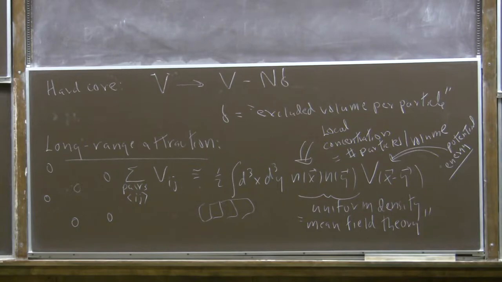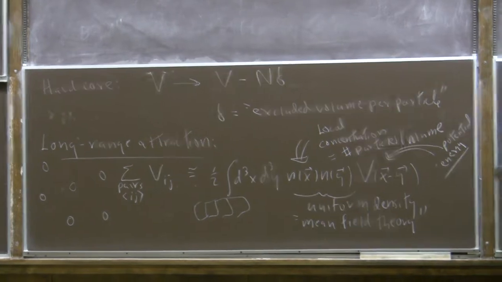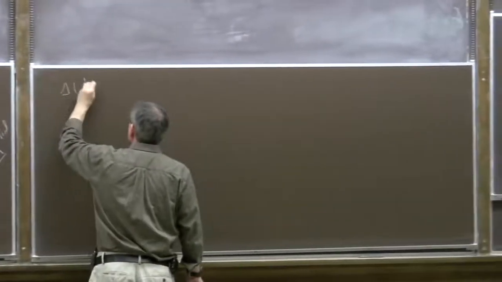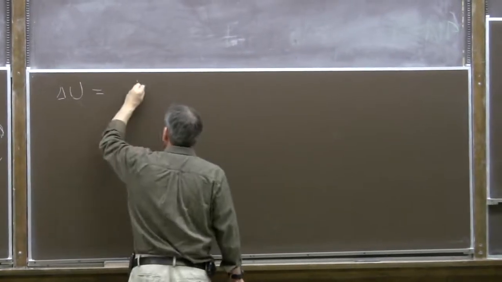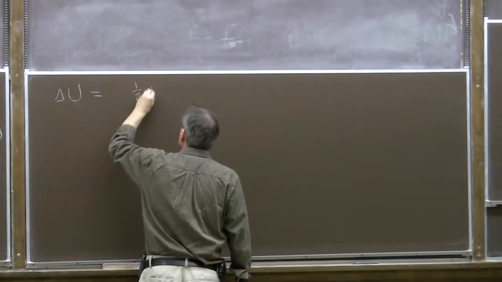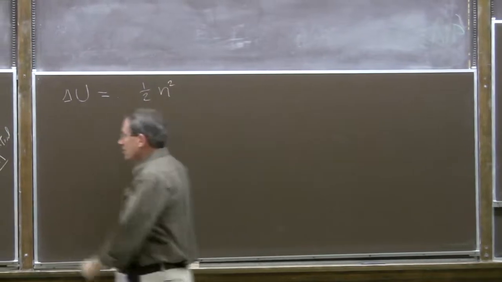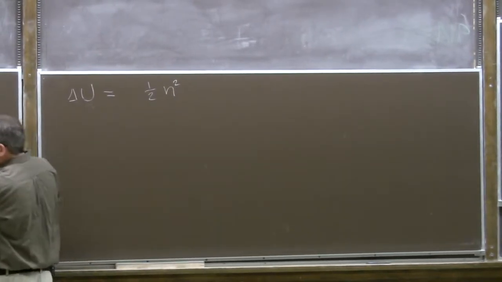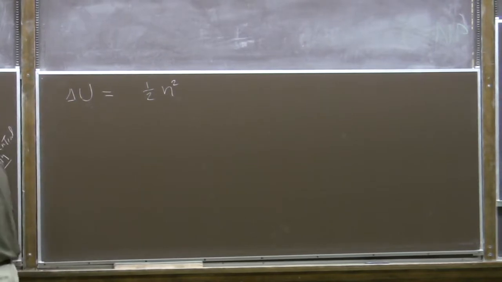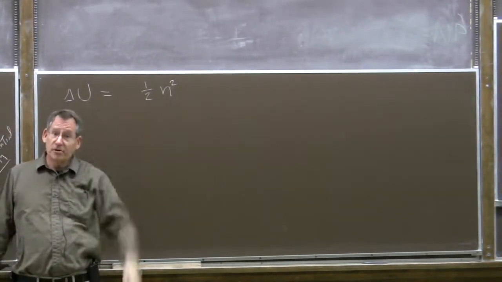So if I pull the concentration out of the integral, because we're going to take it to be a constant, I can write this as a contribution to the internal energy, which is 1/2 concentration squared. So if I change variables, integrate over x minus y and integrate over x, there's a factor of volume that comes from integrating over x.